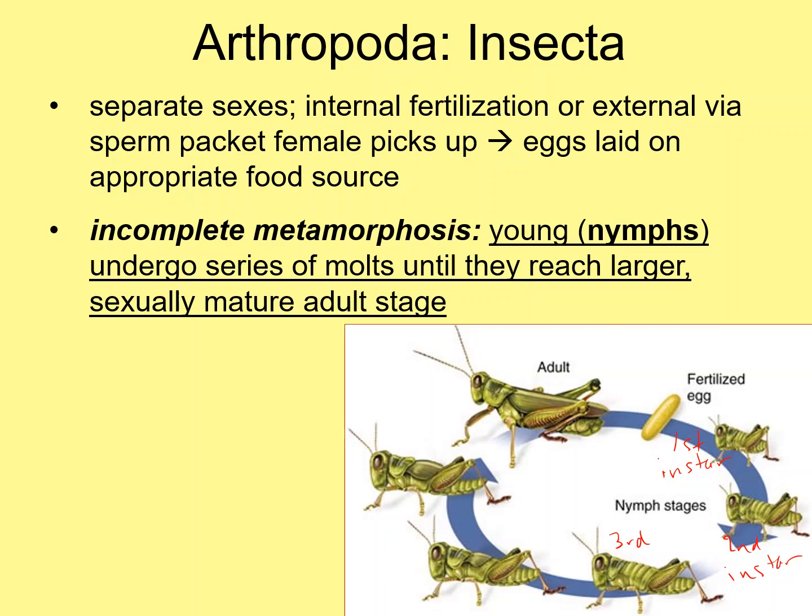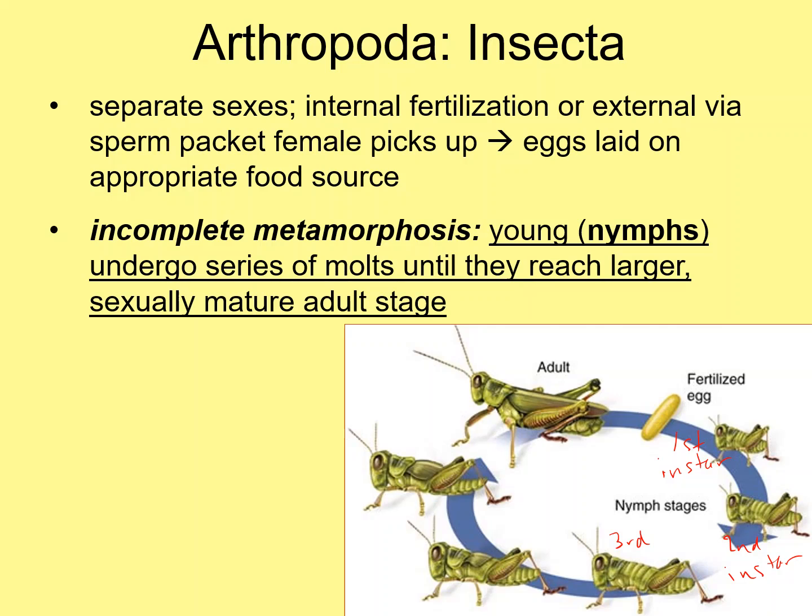to an adult stage. What also is cool about insects is we have internal fertilization that's occurring either as a result of internal mating, or you have something kind of like we saw with the octopus, where the female picks up a sperm packet, or it gets deposited inside, and it's called the spermatophore.